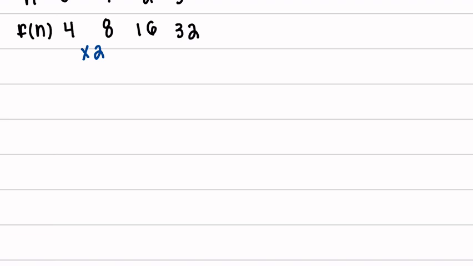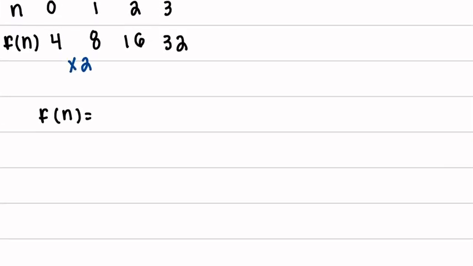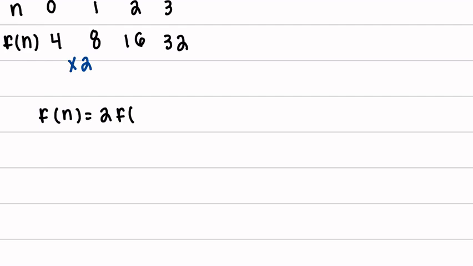And so my recursive rule would be f of n is equal to the common ratio 2 times f of n minus 1, where n is greater than or equal to 1 and A equals 4.